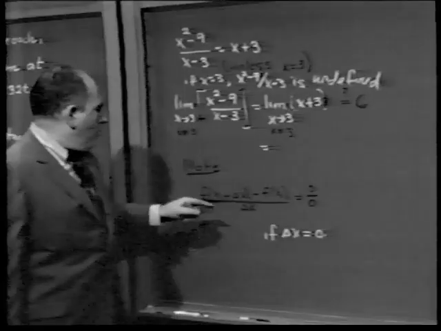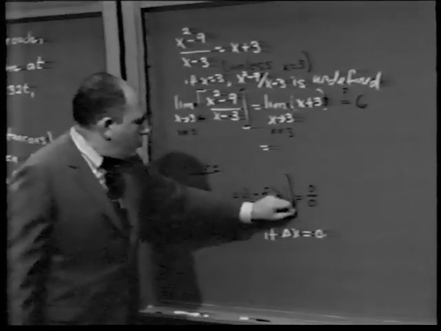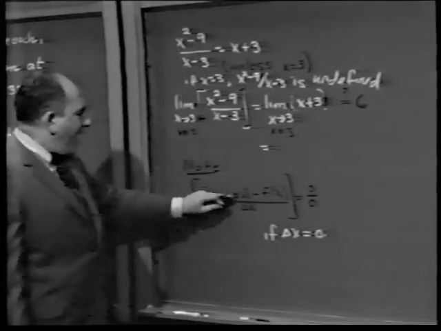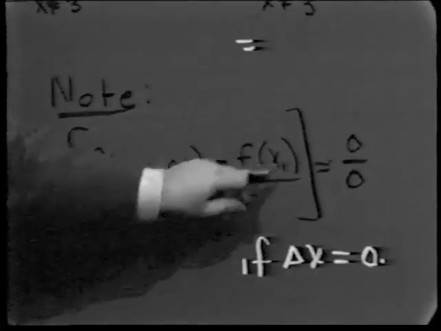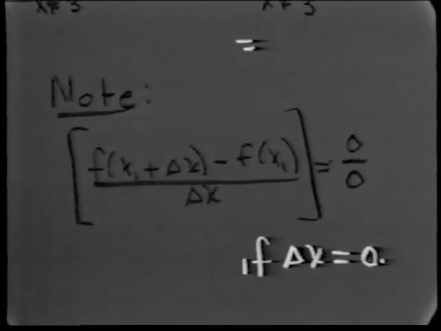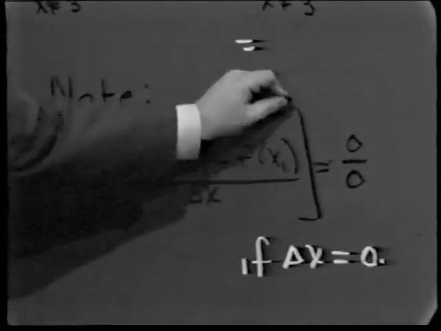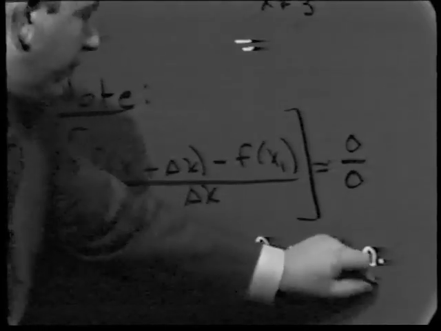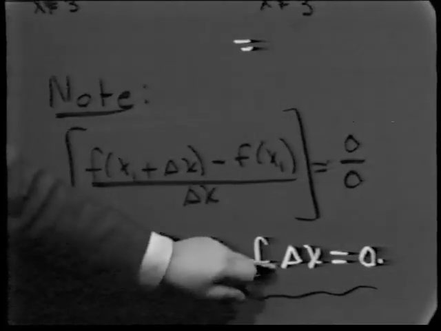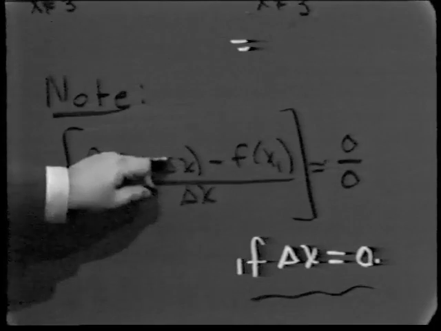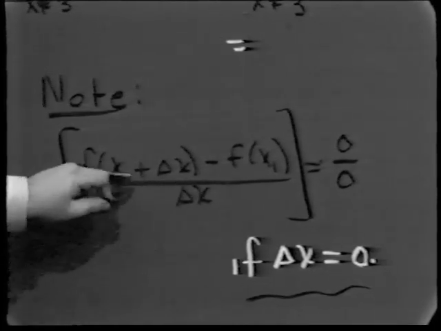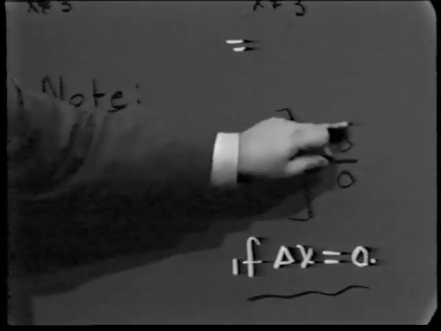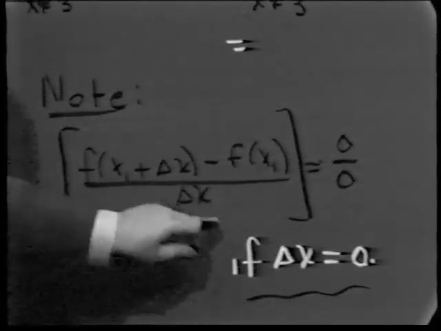You see, the whole point is, let's go back now to our basic definition of average rate of change of f of x1 plus delta x minus f of x1 over delta x. And I guess when you're writing in black, you have to use white for emphasis, so we'll use this. Notice that every time you let delta x equal 0, you are going to wind up with f of x1 minus f of x1, which is 0, over delta x, which is 0.